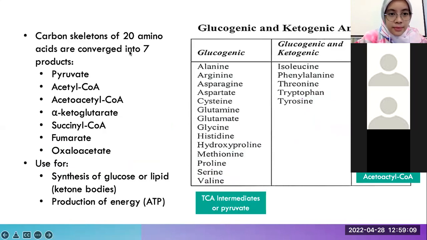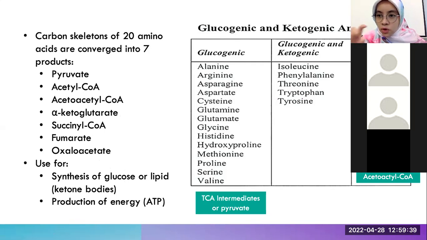The carbon skeletons of all of the amino acids can turn into these 7 products, which are, for example, pyruvate, acetyl-CoA, oxaloacetate, and so on. All of these 7 products can be used to synthesize glucose and also lipid, and are very important for production of energy.